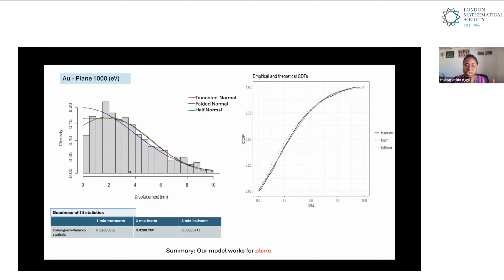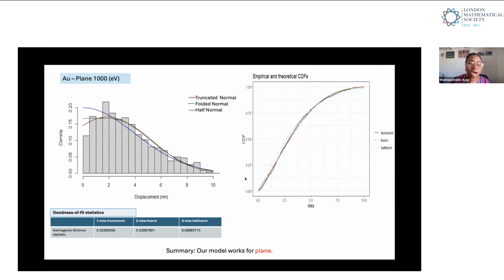So the green line is the folded normal distribution, the blue line is the half normal distribution, while the red line is the truncated normal distribution. And we can see that the red line fits better. And based on the cumulative distribution function on the right-hand side as well, we can see how that curve fits the original data.